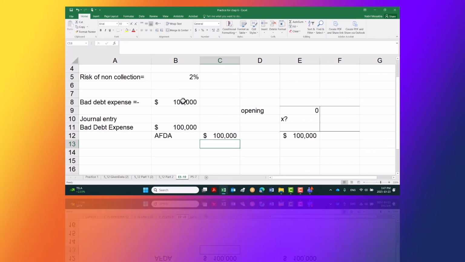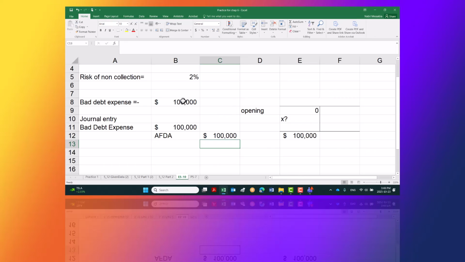The other approach, which is based on the receivables, when I get the amount, that would be the ending balance of my allowance account. And then I have to find the amount that will bring the balance from the opening to the end. Now the question is, how do I know which approach I should use in an exam? It is simply about carefully reading the information.